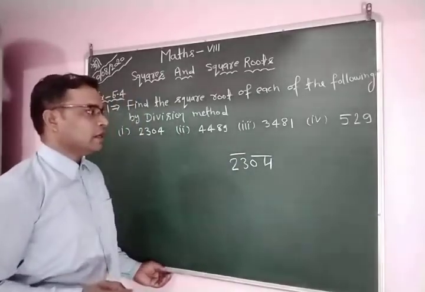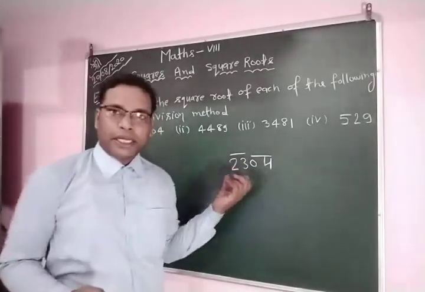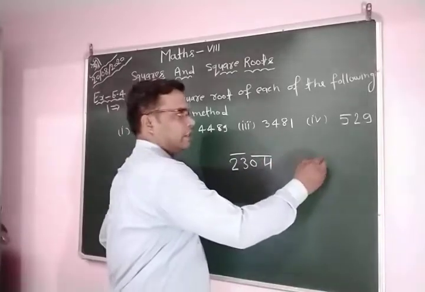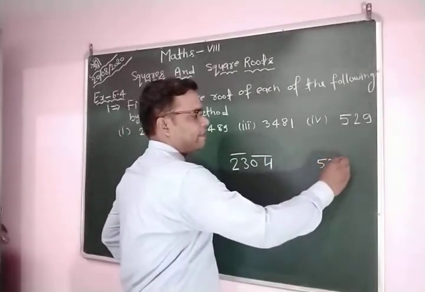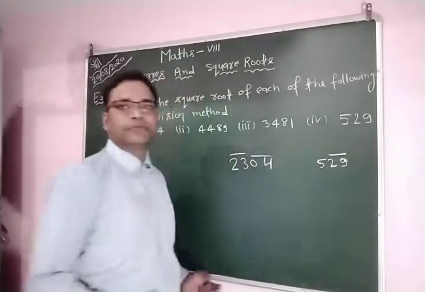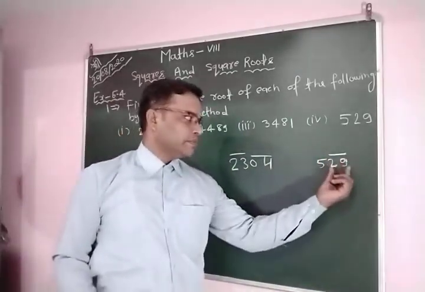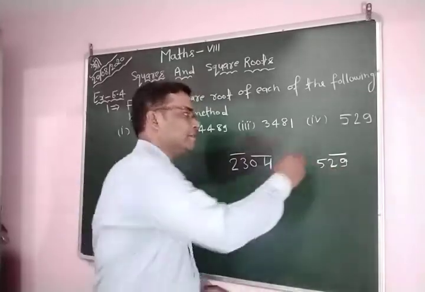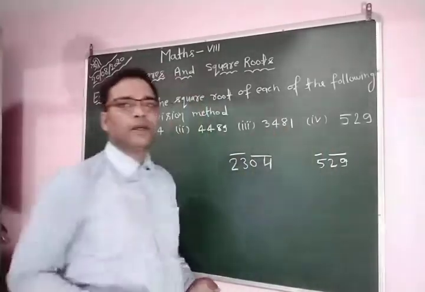Suppose the given number has an odd number of digits, like 529. We first put bars from right to left, and the last one is a single digit.